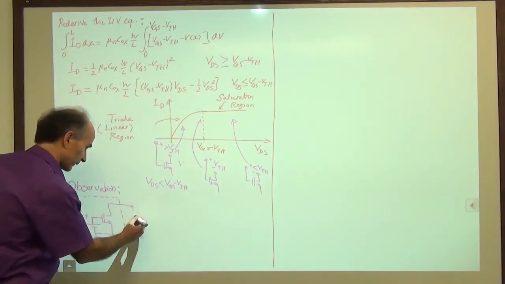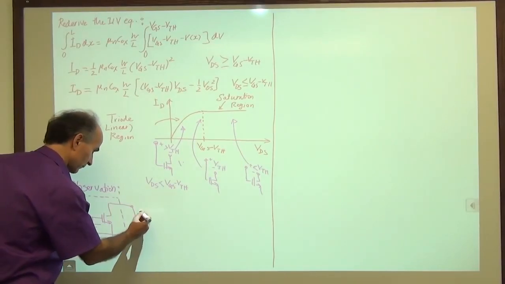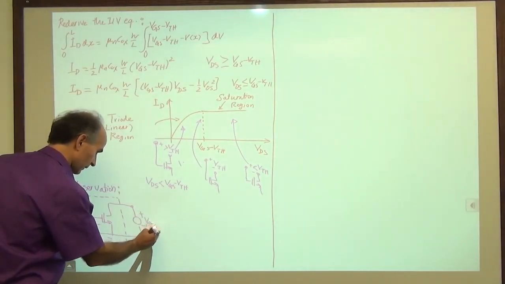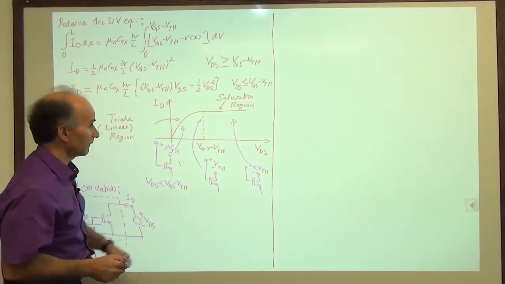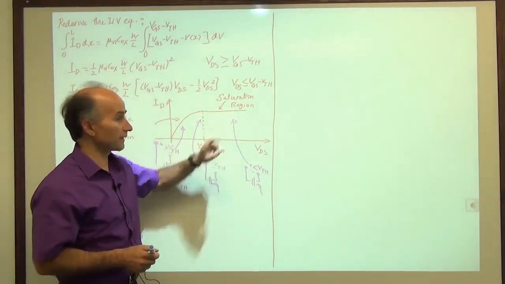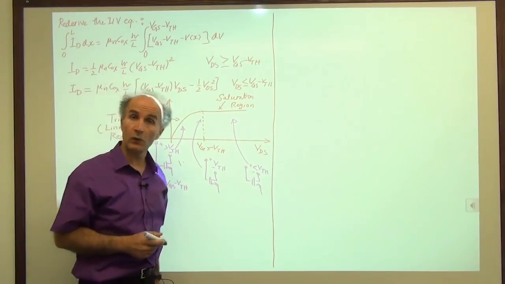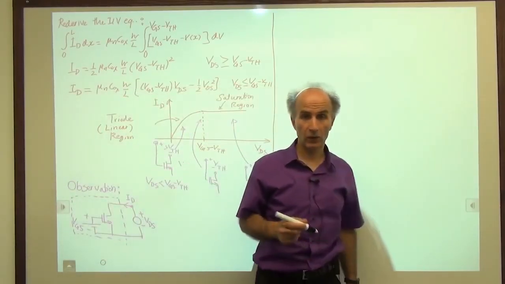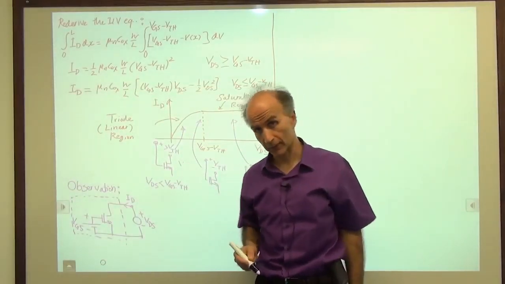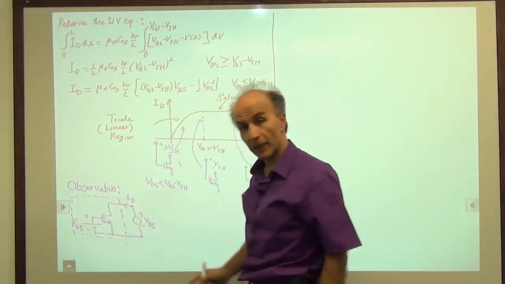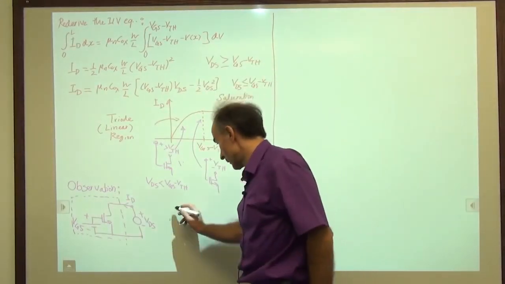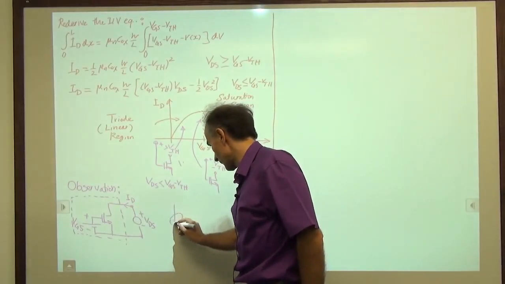And I apply a variable voltage here, VDS, and I measure this current. And I see that if VDS varies from here to here, the current doesn't vary. What do we call that? That is called a current source, an ideal current source, right? So we see that this whole thing operates as a two-terminal device and operates as a constant current source.